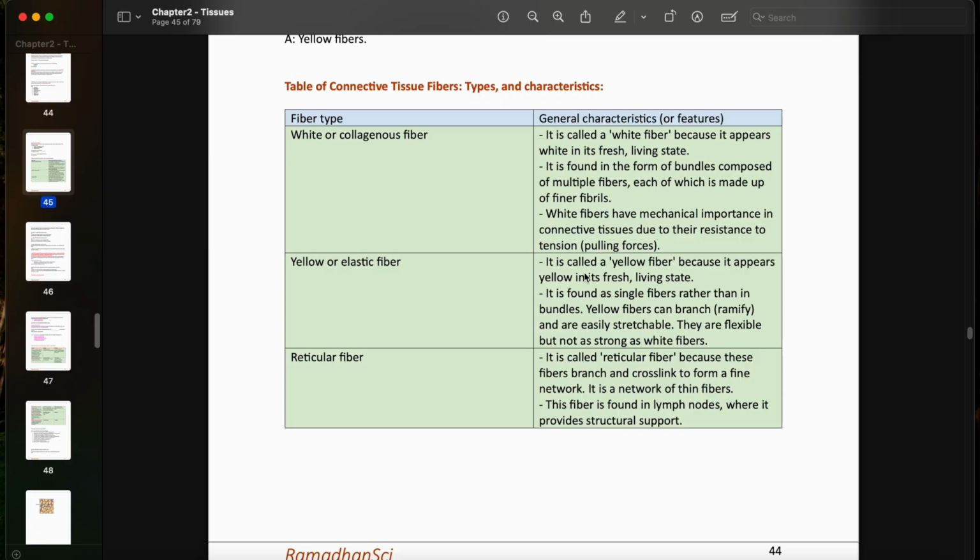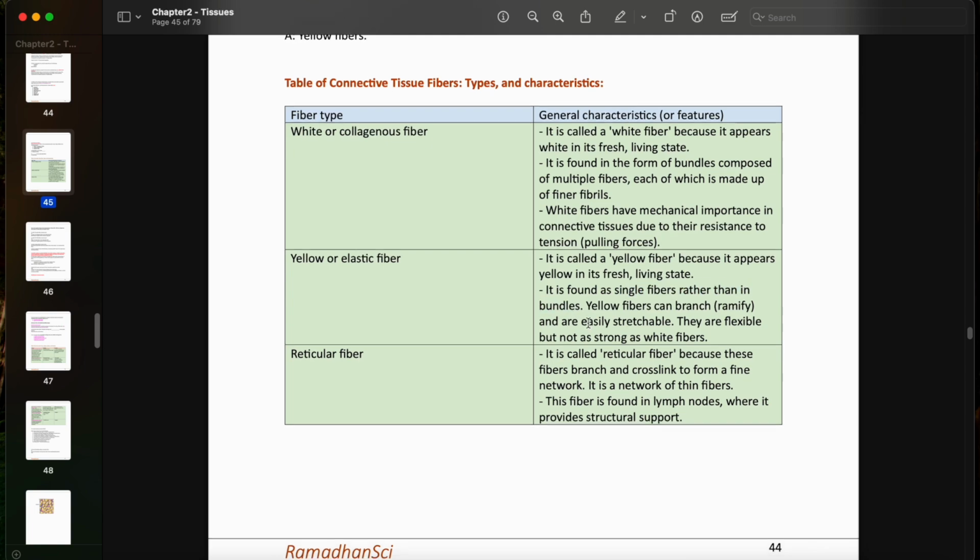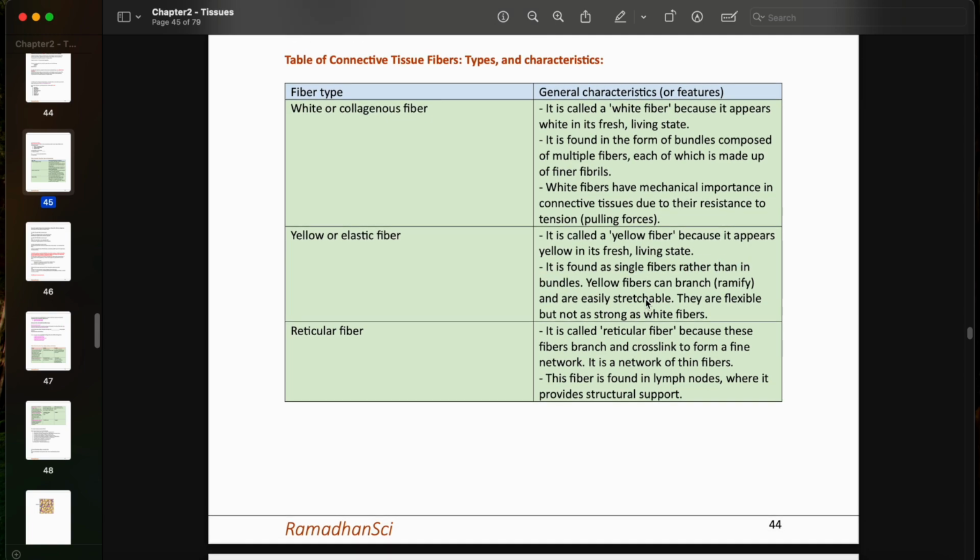Now the yellow or elastic fiber is found as a single fiber. So here we said that they're found in clusters or in bundles, but the yellow fiber is found as a single fiber rather than in bundles. And the yellow fibers can actually branch and ramify and are easily stretchable.